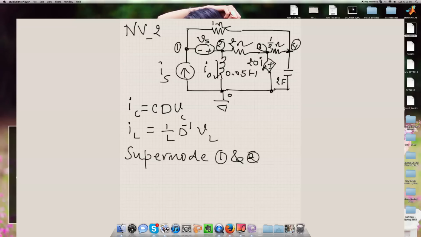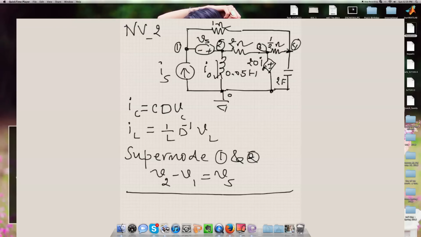So what have we here? Node 2 is on the plus side and node 1 is on the minus side. In between we have V sub S, meaning V sub 2 minus V sub 1 is V sub S. So we have a row here which we can put in the matrix later. So let's draw this row.